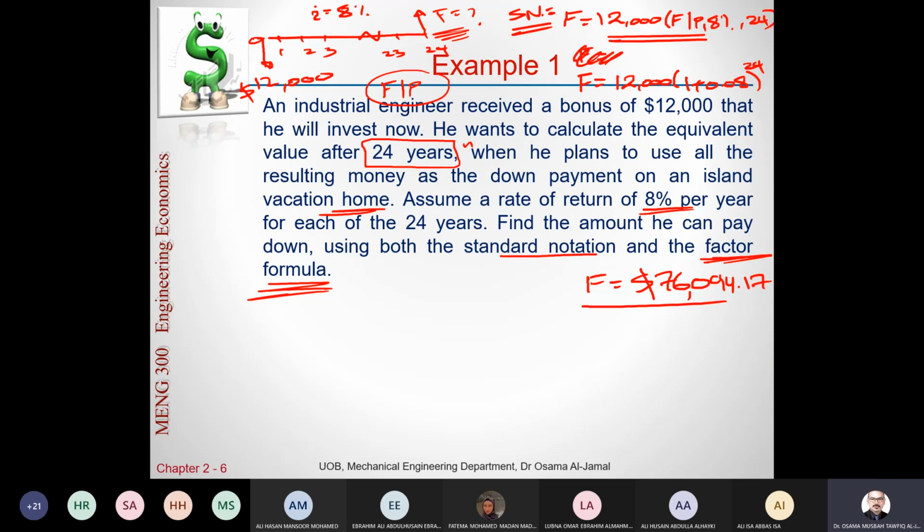Tell me the answer. Minus 76,094.17. Why is it negative? Our answer before was positive.